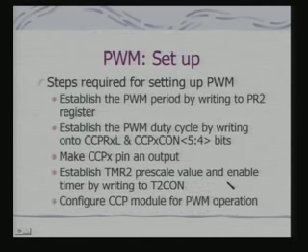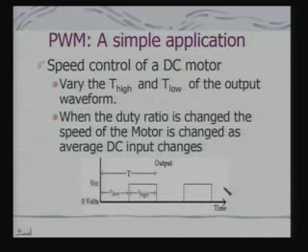So, what does that mean effectively? If we now look at this application of controlling a DC motor, effectively the speed of the motor would depend on this ratio of T high and T low. So, when you want to change the speed, what do you need to change? If I want to keep my period unchanged and change the duty cycle, I have to change the corresponding bits.